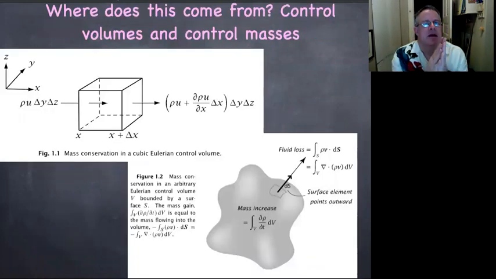Okay, so we have an Eulerian perspective, we have a Lagrangian perspective. We could think of a tiny parcel that's just a point, essentially. That parcel could have a budget, but when we normally think about budgets, we're thinking about a finite volume of stuff. So we might have what's called a control volume, which is an Eulerian concept.